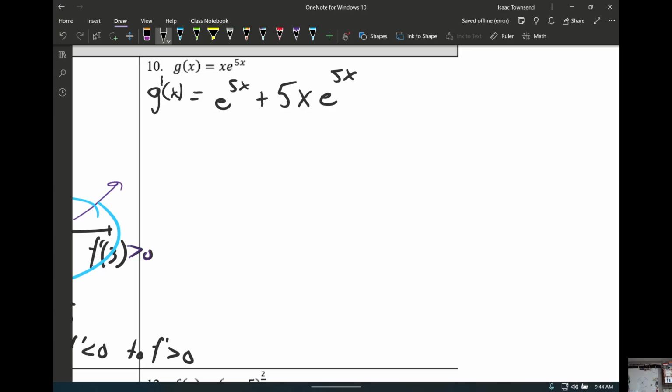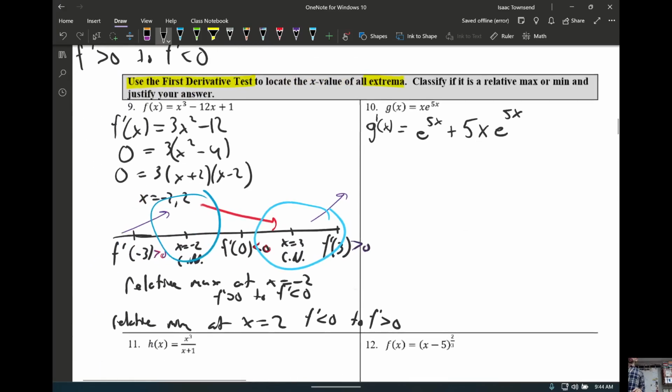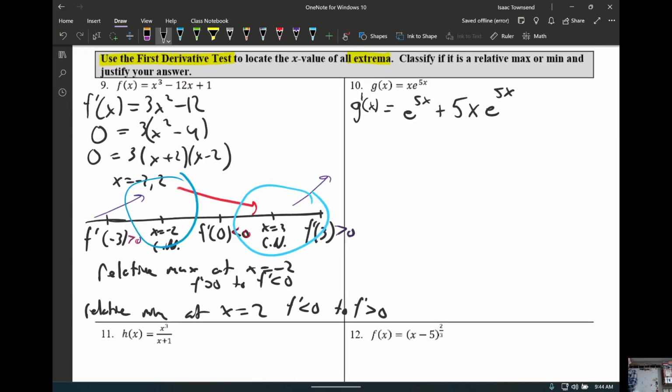Make sure you use the product rule on question 10 before you spend too much time on it. I put up the correct derivative for you to check. There's product rule, and there was one step of chain rule also.